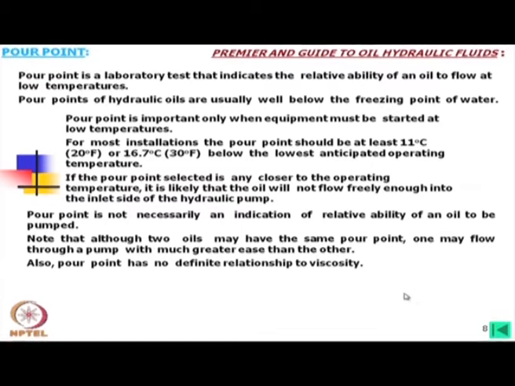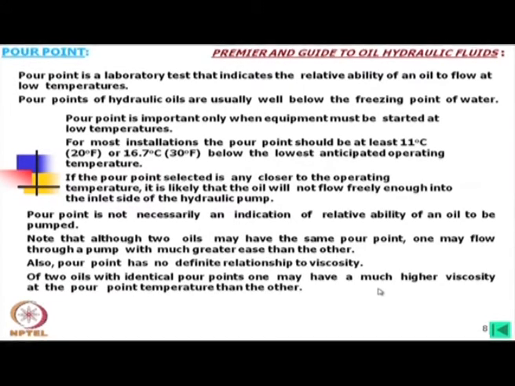Also, pour point has no definite relationship to viscosity, that is another important factor. Viscosity is a very important factor in all necessary calculations or performance of hydraulic machines, but the pour point of that oil may not be that important.